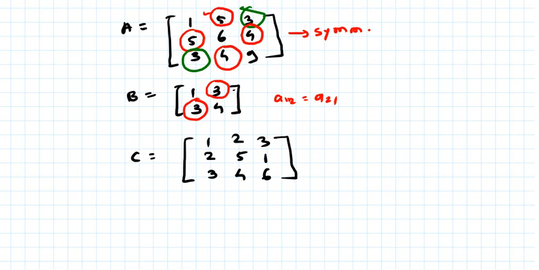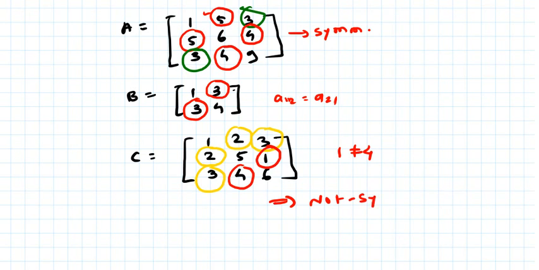Here A12 and A21 are equal, fine. A13 and A31 are equal, fine. But here A23 and A32 are not equal, so this is not a symmetric matrix.